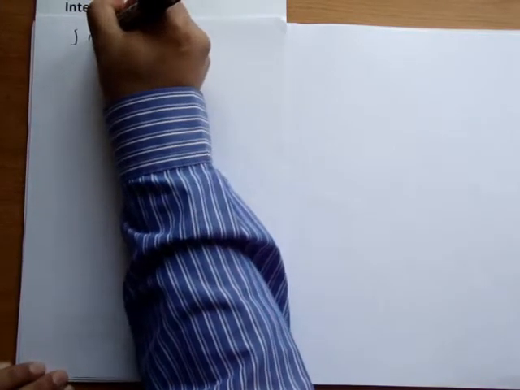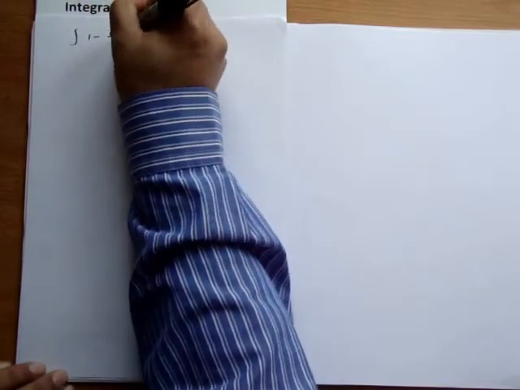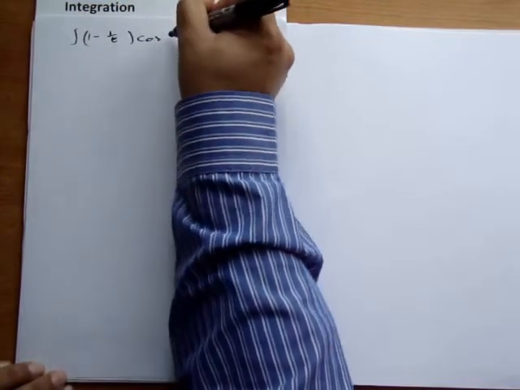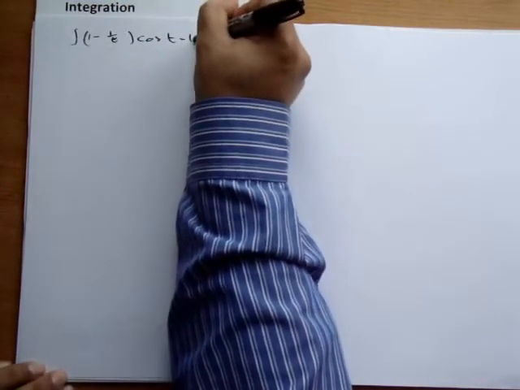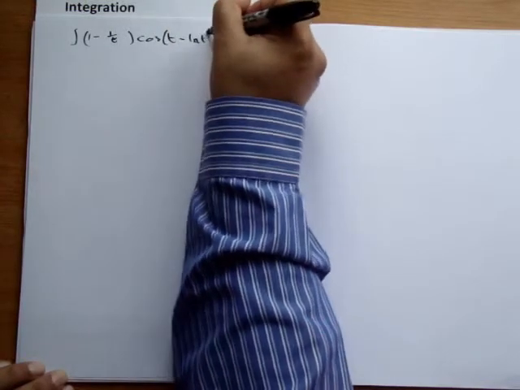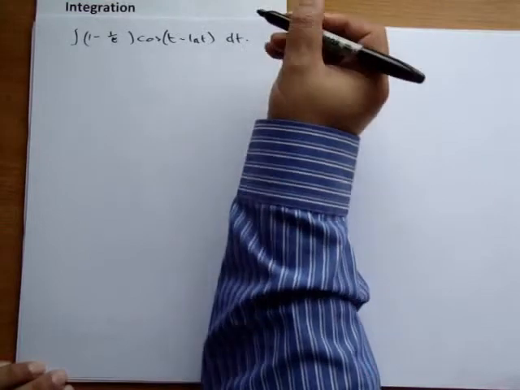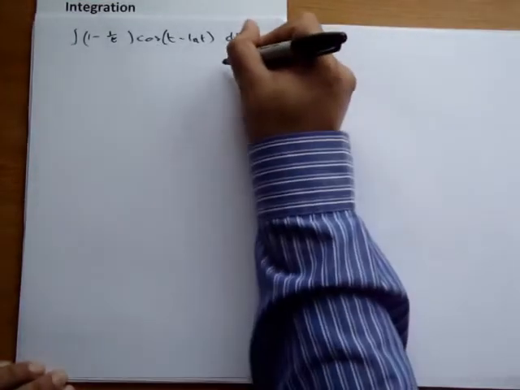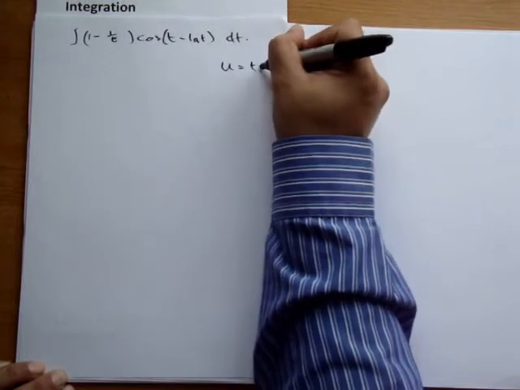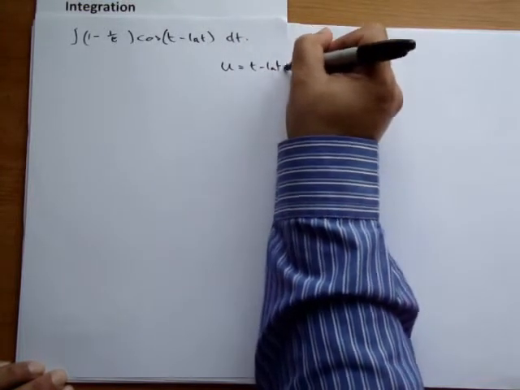Integral of 1 minus 1 over t, cos of t minus natural log of t, and we have that dt. So that's our integral. So let's choose what's in the brackets first of all, see how that goes: u is t minus natural log of t.